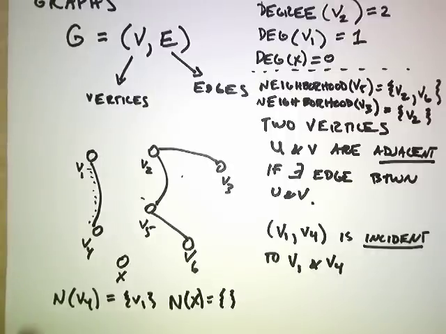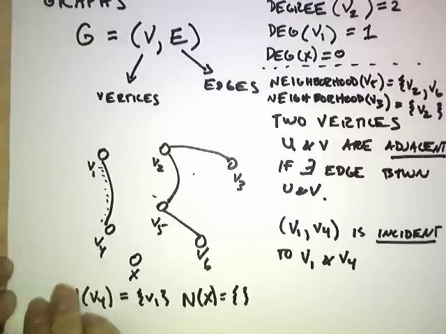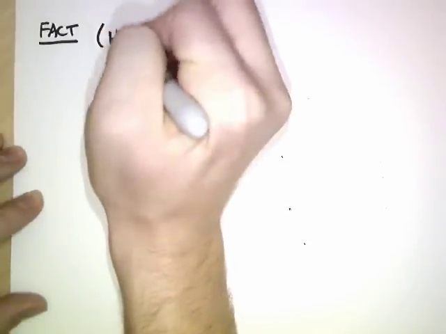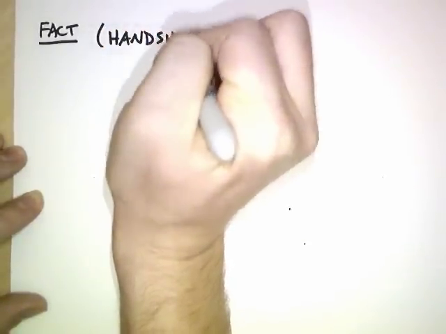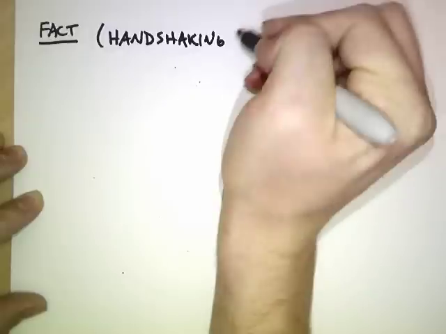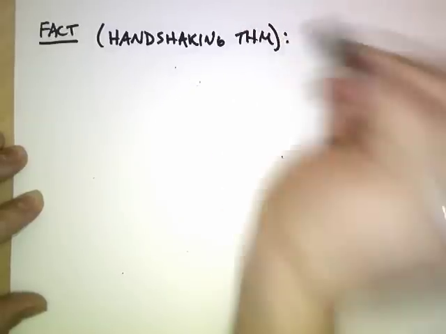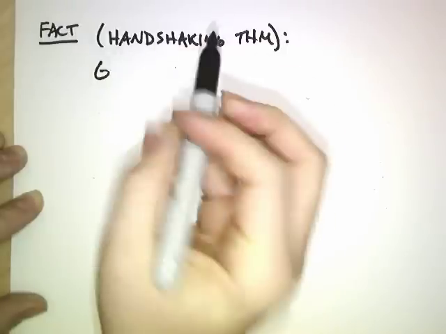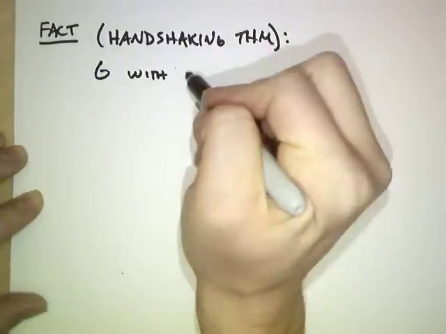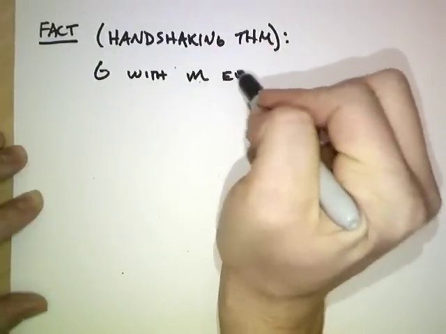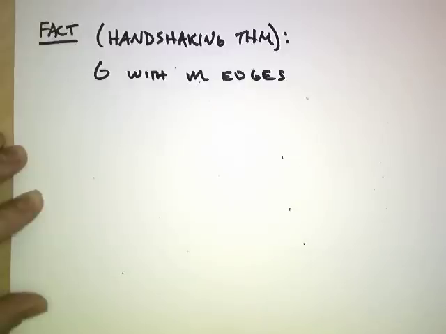So this brings us to the first fact of graph theory. Your book calls it a theorem, but I really think of it as a fact. And that's called the handshaking theorem. So let's assume you have a graph G with M edges.